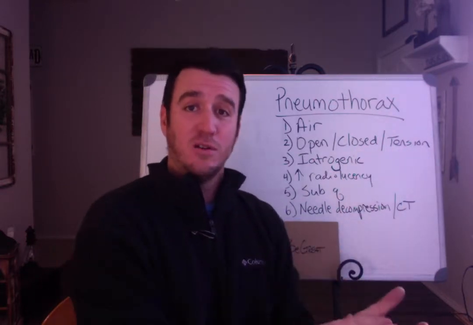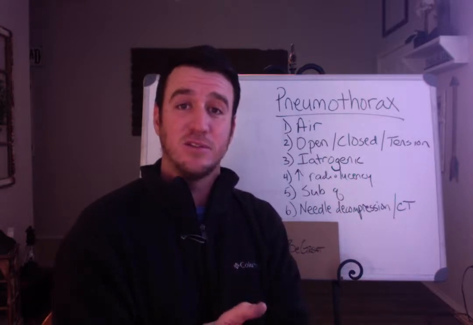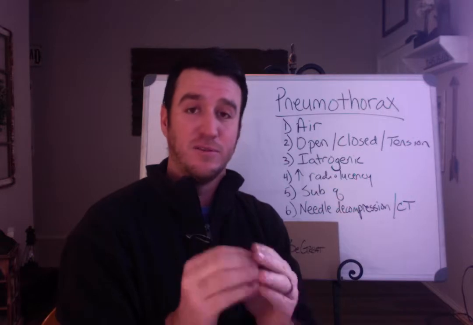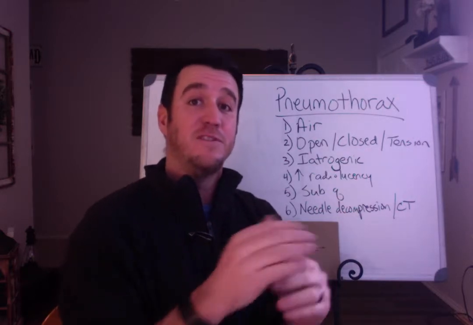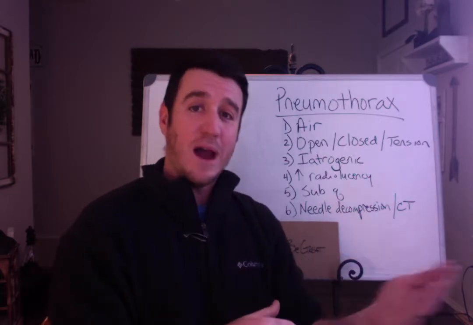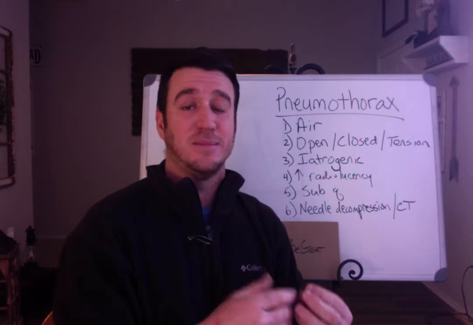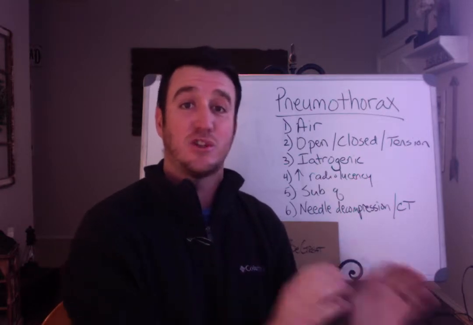Now, what if it's closed? Closed would be when air enters the pleural space via the visceral pleura. So what's the difference? Well, a parietal pleura injury is most commonly associated with things such as chest trauma.